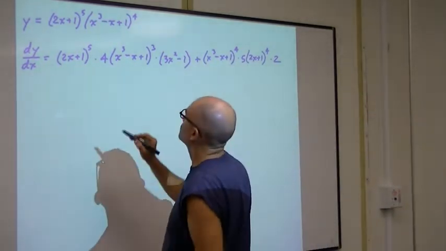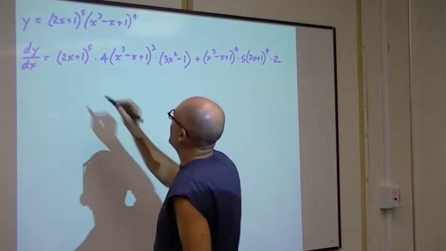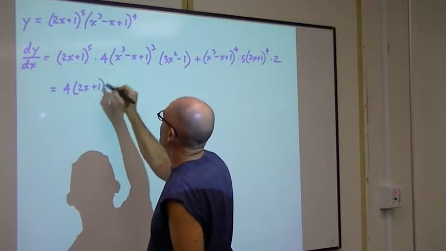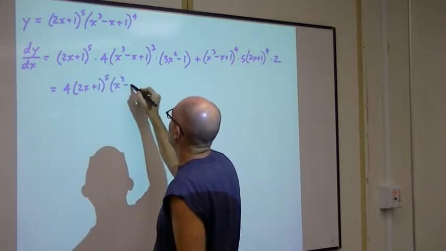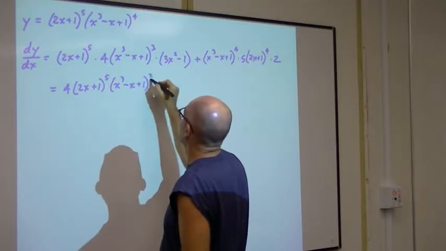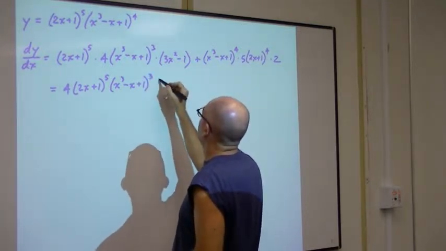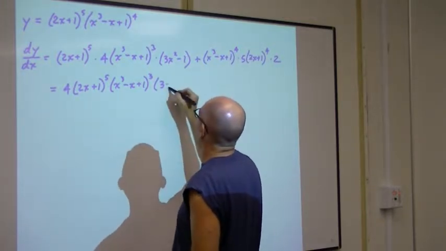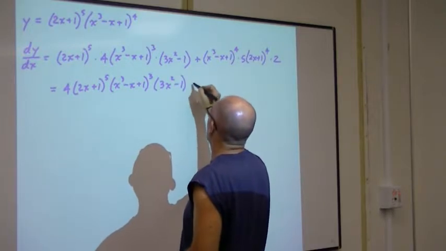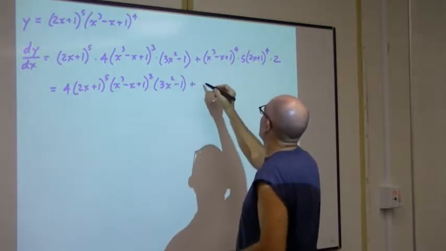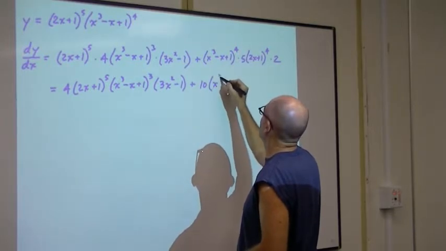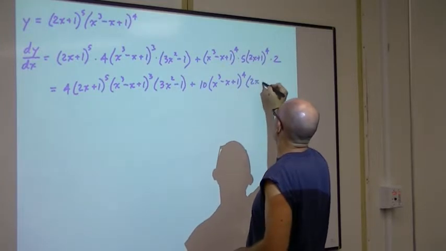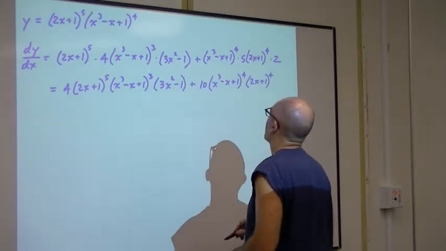So I've got 4 times (2x plus 1) to the fifth times (x cubed minus x plus 1) cubed times (3x squared minus 1), plus 10 times (x cubed minus x plus 1) to the fourth times (2x plus 1) to the fourth.